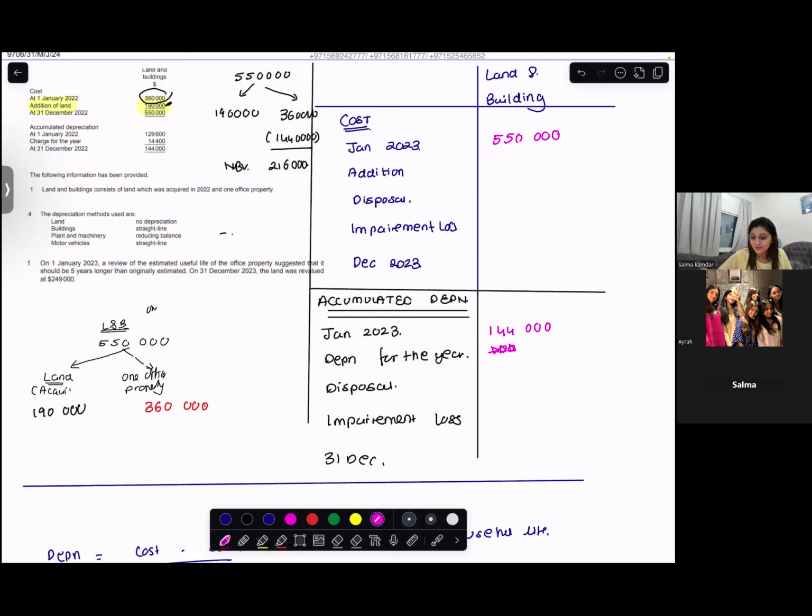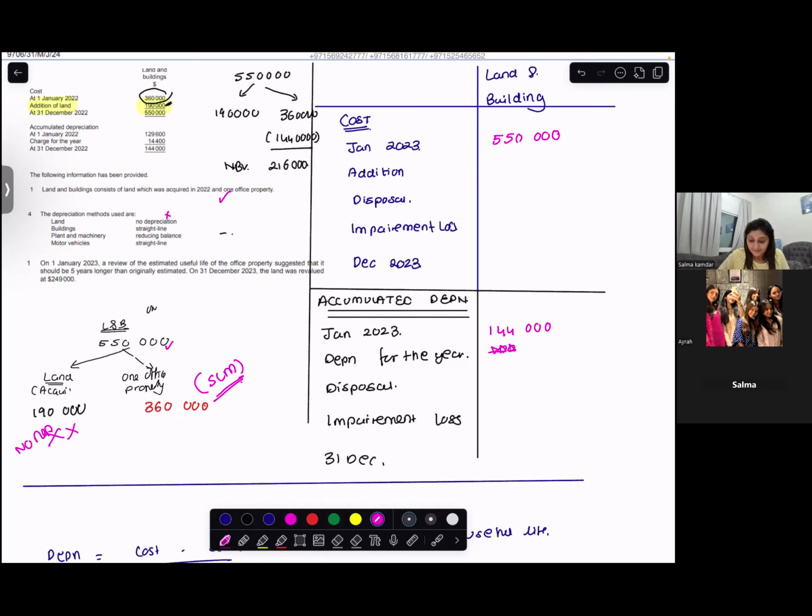If there is any addition, disposal, or impairment, we will look into it. They said that this land and building is a breakup of land and the property. On land, there is no depreciation. On building, that is the office property, the depreciation will be the straight line method.